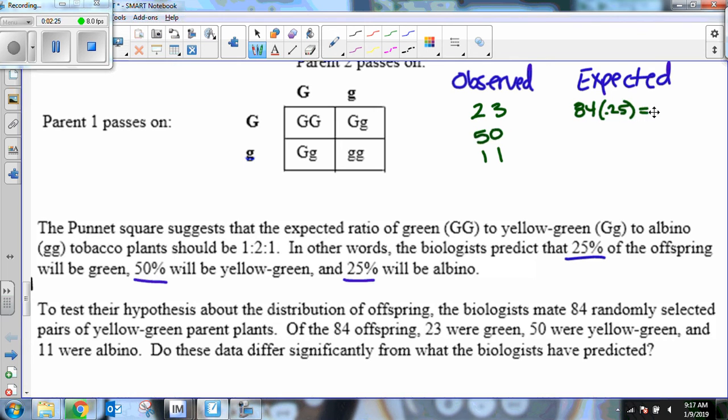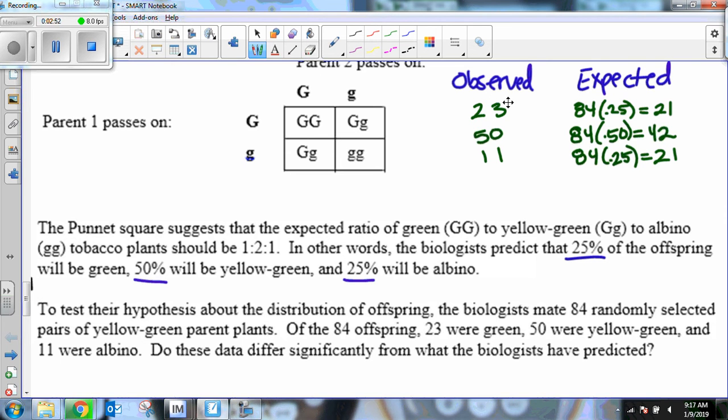So if you multiply that out, it gives you 21. For the yellow-green plants, remember my sample size was 84, well, we would expect 50% of that. So that ends up being 42. And for the albino plants, we would expect 25% of those to receive the recessive genes. So that's the expected 21.